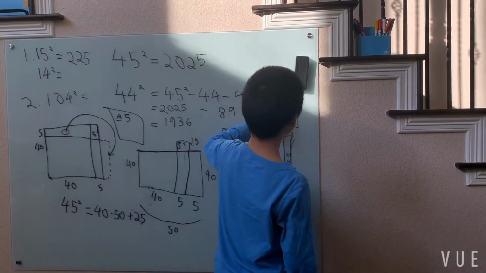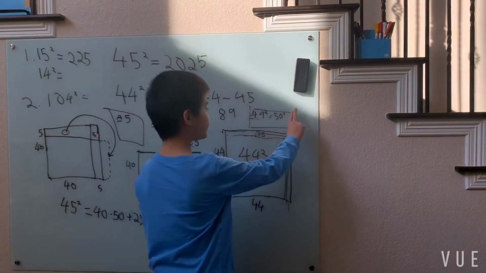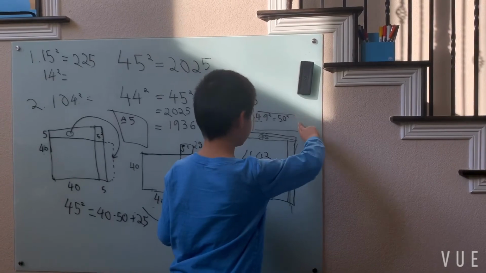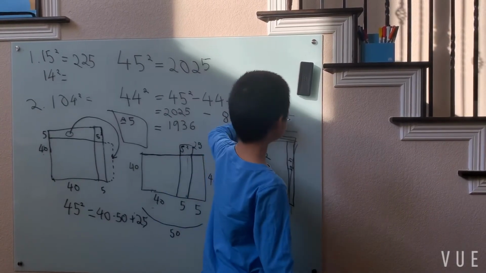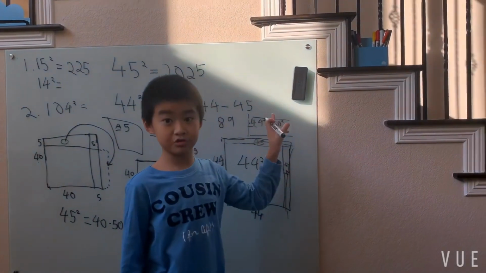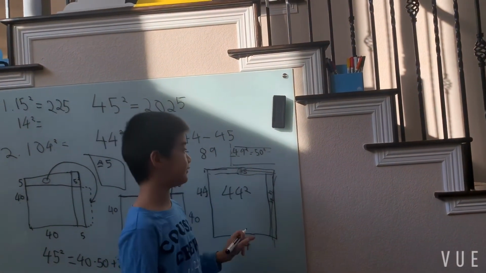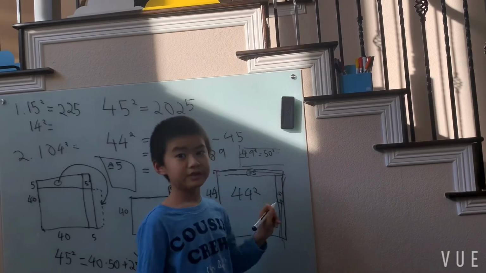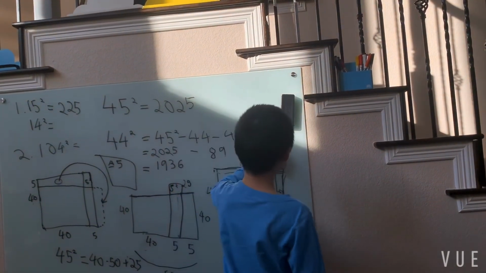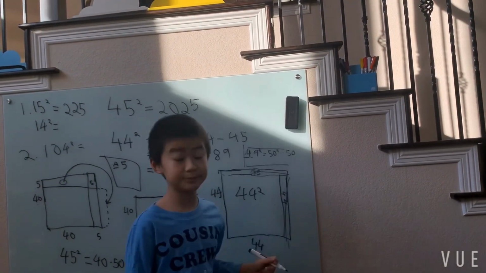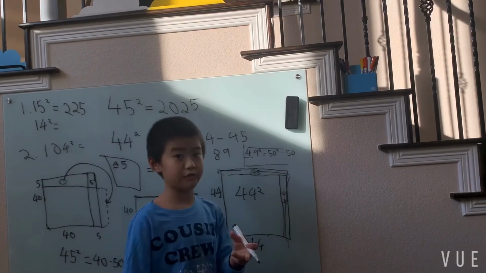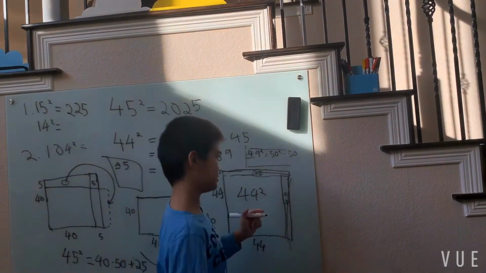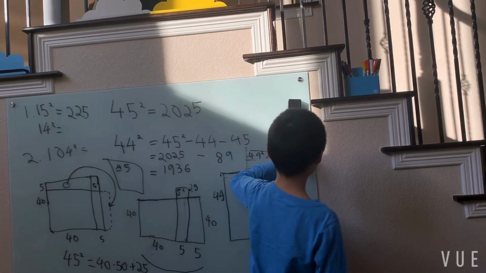Then I take my 50 squared, and I subtract off the square of the number I know, which is 50, and then the square of the number I'm trying to find, which is 49.